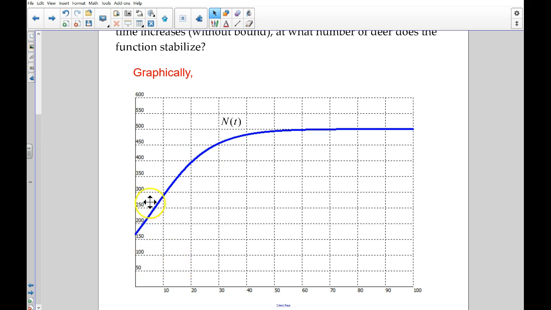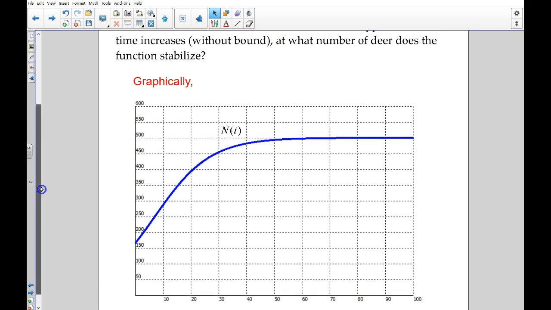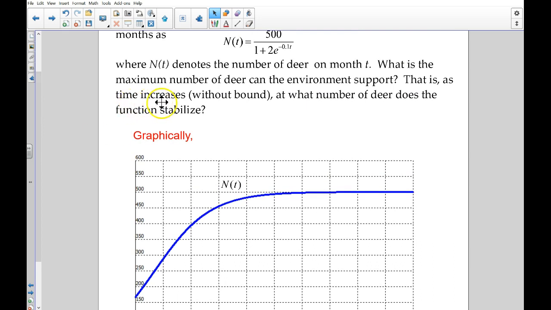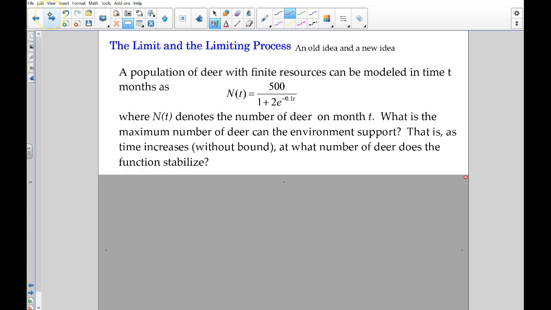As time increases, the number of deer tends to approach about 500 deer. So, exploring how it behaves over time, at what number does the number of deer stabilize around? I can look at it numerically or graphically.